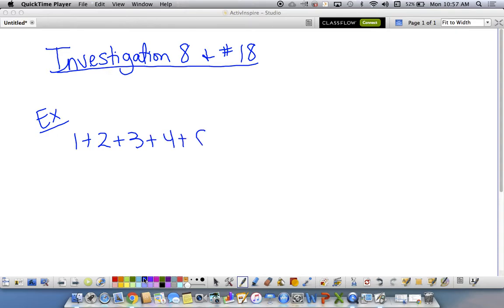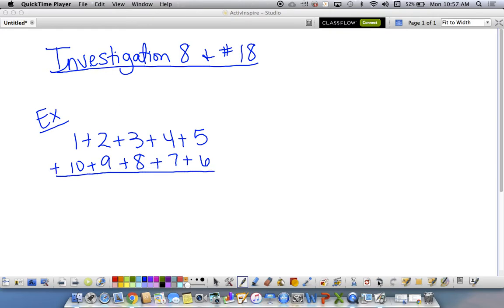I generally start just to write them, okay? And we could write plus 6, plus 7, plus 8, plus 9, plus 10, but I don't want to write them all out that direction. Could I put them underneath each other? After I've written half of them, so we did 5 plus 6, plus 7, plus 8, plus 9, plus 10.